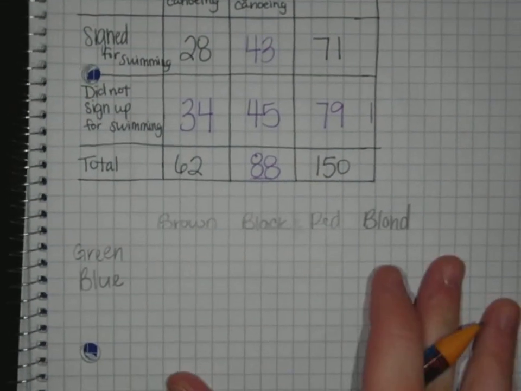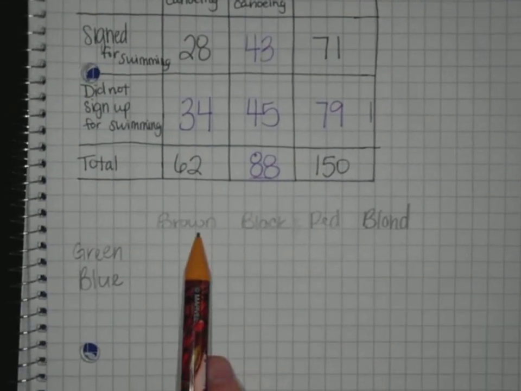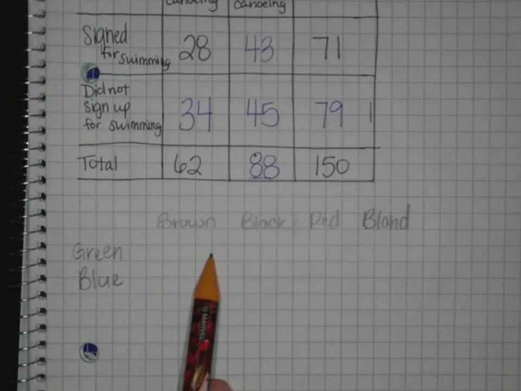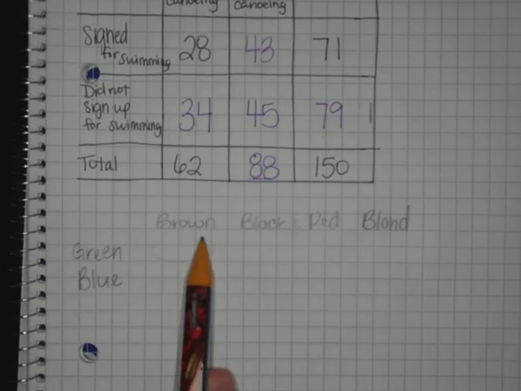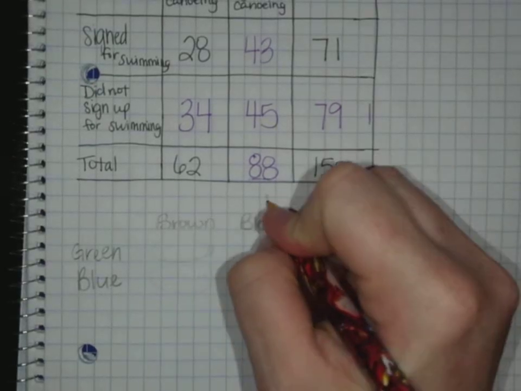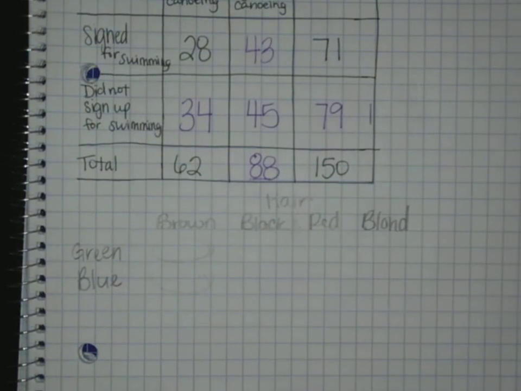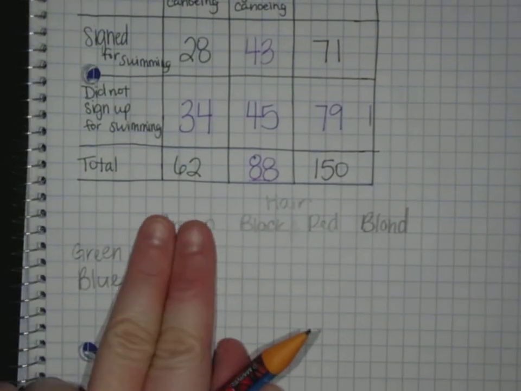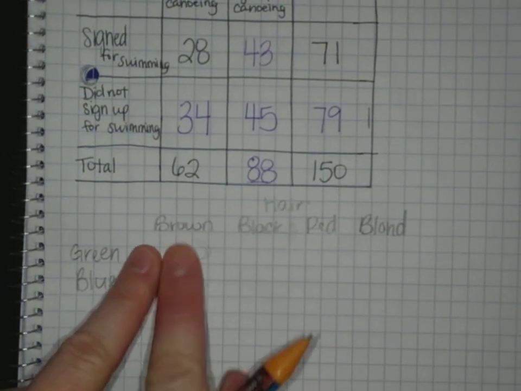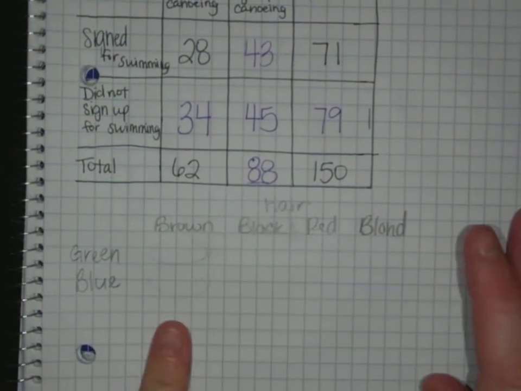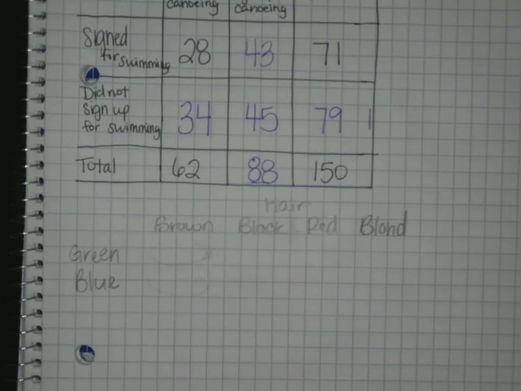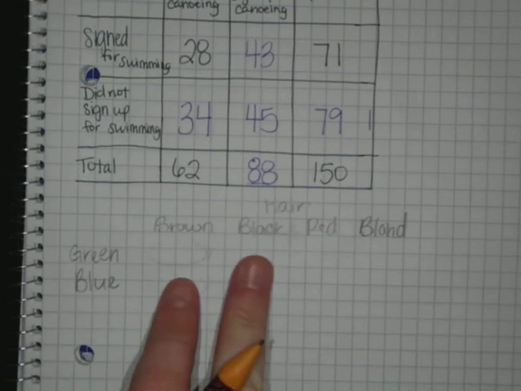One thing I want you to keep in mind is if it says brown hair, green eyes, you would want to look in this spot. If it said brown hair, blue eyes, you'd look in this spot. If it said something about does not have brown hair, you would want to take whatever this total is off from the total for the rest. Or if it said brown and black, you would combine these two.